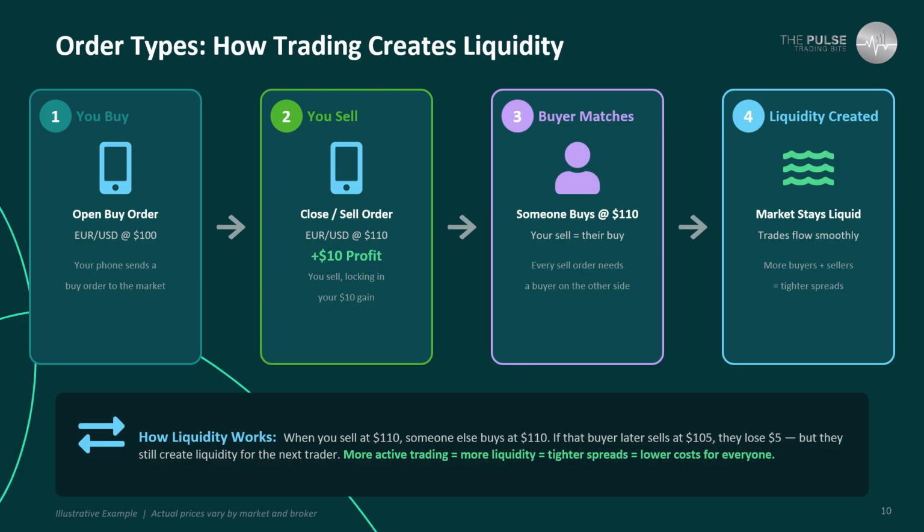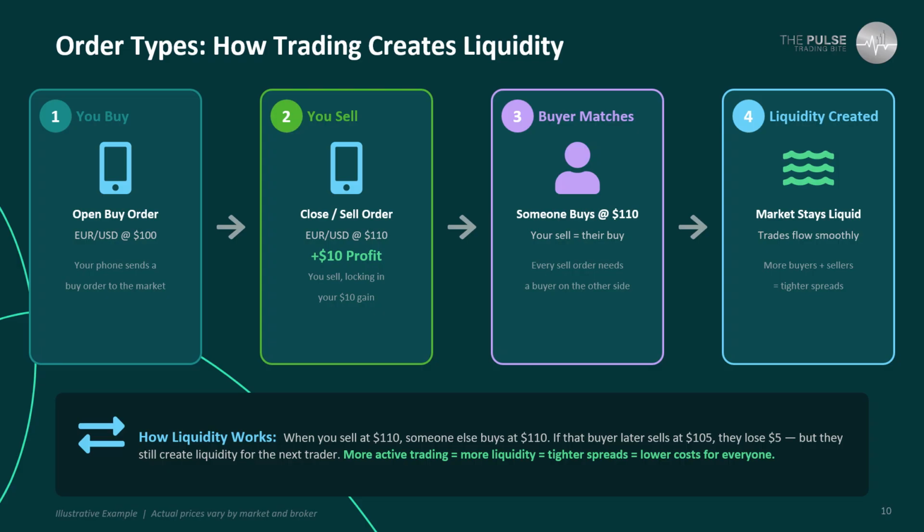And what is liquidity? Liquidity is something like when you open an order, for example EUR/USD, you send a buy order at the market price, not a limit order. Let's say you open an order for EUR/USD at $100. You close the position.